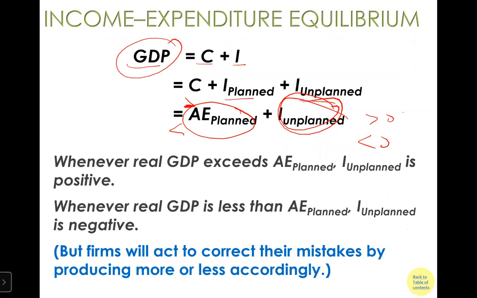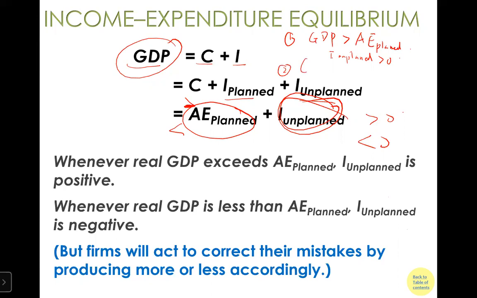I can write it down. Case one: GDP greater than AE planned. This implies I unplanned is positive. You produce too much, you pile up your inventory.